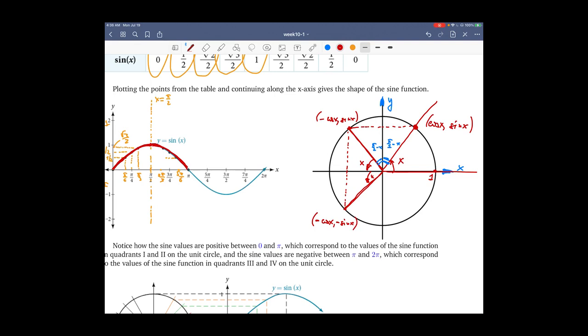So we can use our piece of the graph of sine x on the interval pi over 2 to pi and reflect it about the point with coordinates pi, 0.